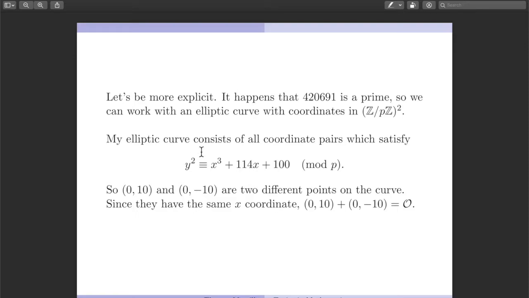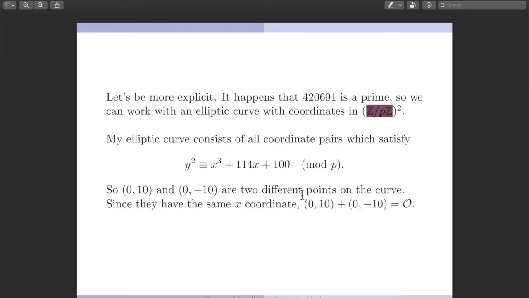And the condition is that the y-coordinate squared should give me the same residue, mod my prime, as does the x-coordinate cubed plus 114 times x plus 100. That condition governs whether or not my coordinates define a point on this curve or off of this curve.